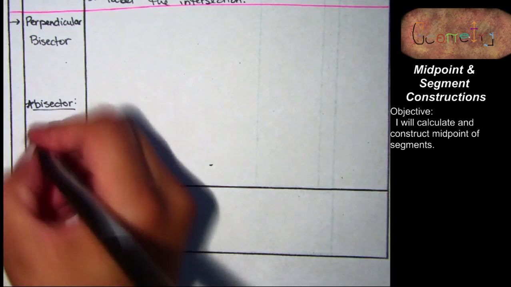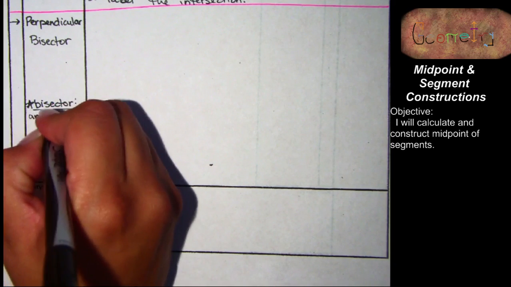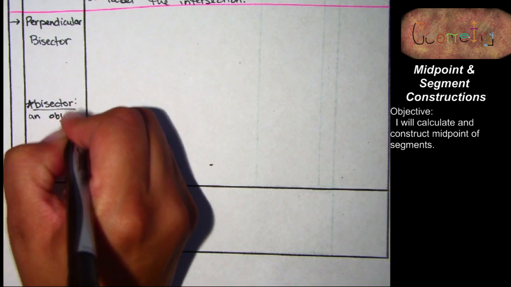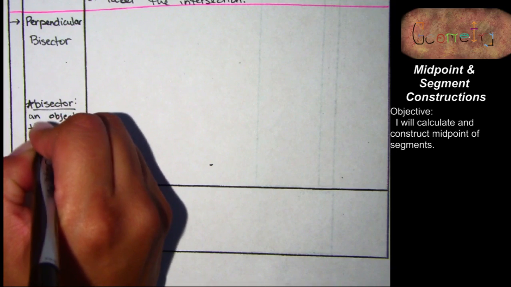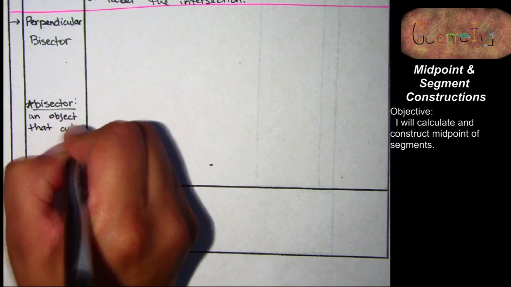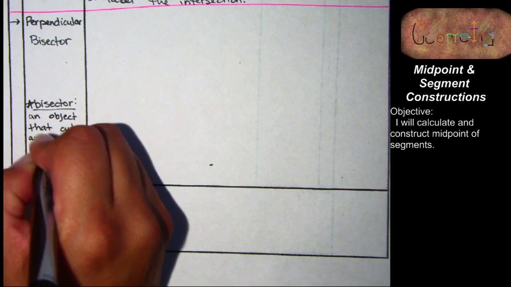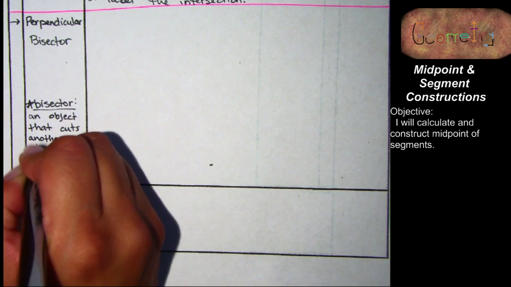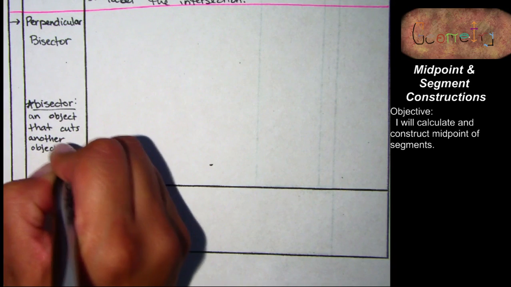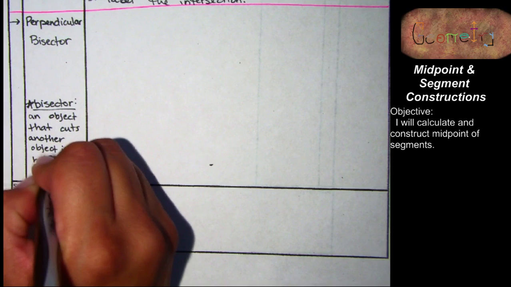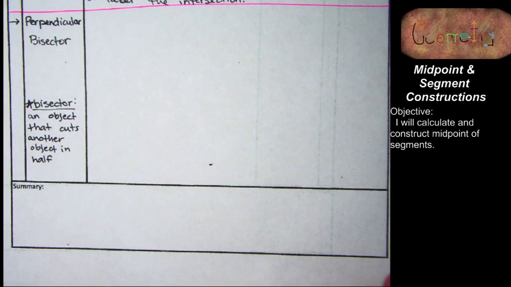So a bisector is going to be any object, anything, any person that cuts some other object in half. So, mom forcing you to share a sandwich, or the person at Subway who is feeding you.